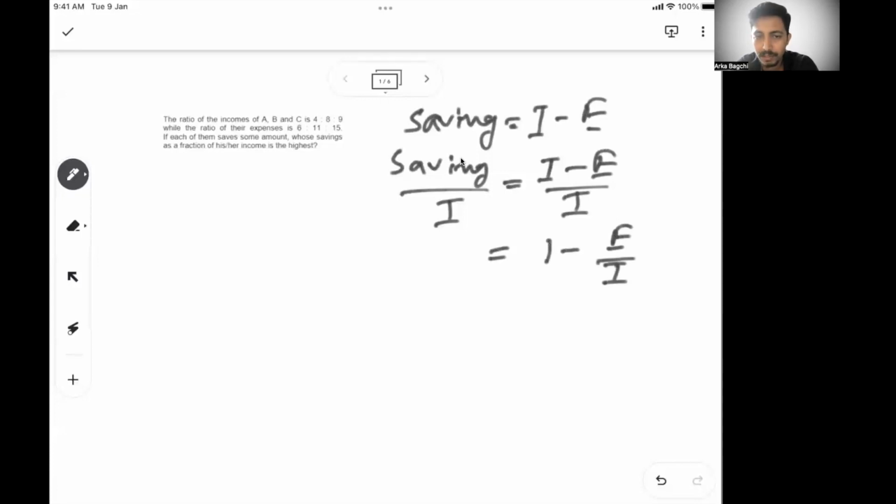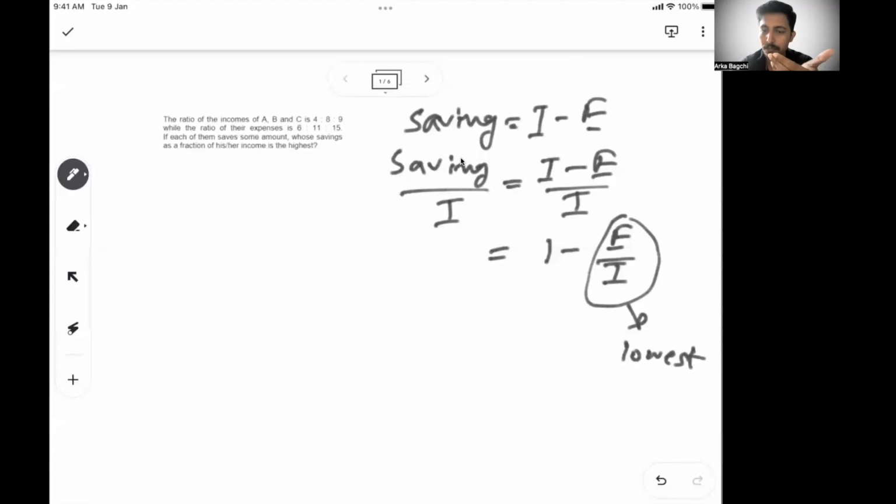So savings as a percentage of income will be higher for that person who has this ratio as lowest, because this is getting subtracted from 1. So expense by income has to be the lowest for a person for savings as a percentage of income to be highest, because if your saving as a percentage of income has to be higher, your expense as a fraction of income has to be lower.